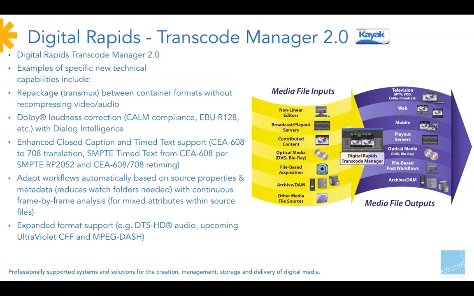And as you can see through the big arrows, which I think is the Digital Rapids that they were talking about, Kayak sits right in the middle and is able to help you go from an NLE to a file-based post workflow, to go from an archive to optical media. It can really do anything to anything. It just depends on how you want to do it.